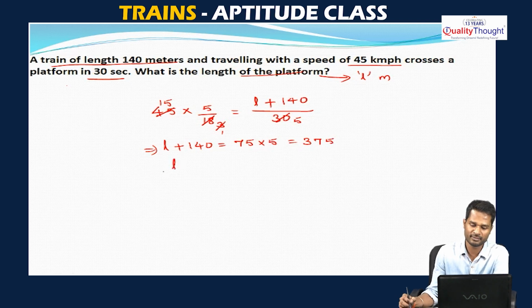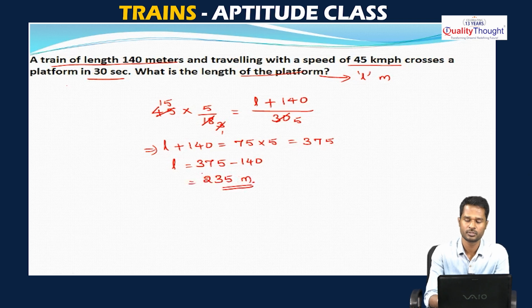Therefore the length of the platform is 375 minus 140. 140 is the length of the train. So 375 minus 140 is 235 meters. So the length of the platform is 235 meters.